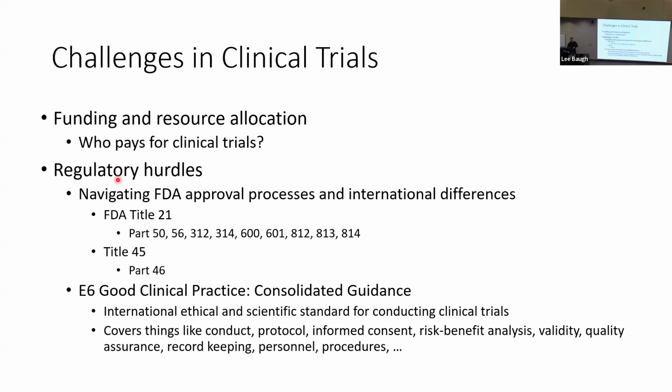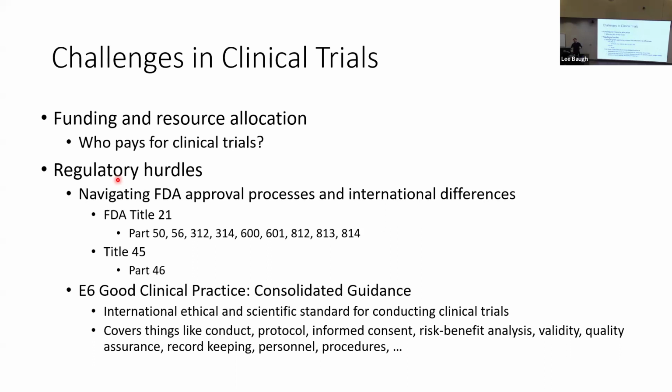And it covers things like conduct, protocol, informed consent, risk-benefit analyses, validity of the research, quality of the data being collected, record keeping, personnel procedures. So all of the things that we require for a clinical study to be performed correctly are instantiated in this good clinical practice. And many of you may have experienced some of these aspects of clinical research if you have completed your CITI training for good clinical practice.